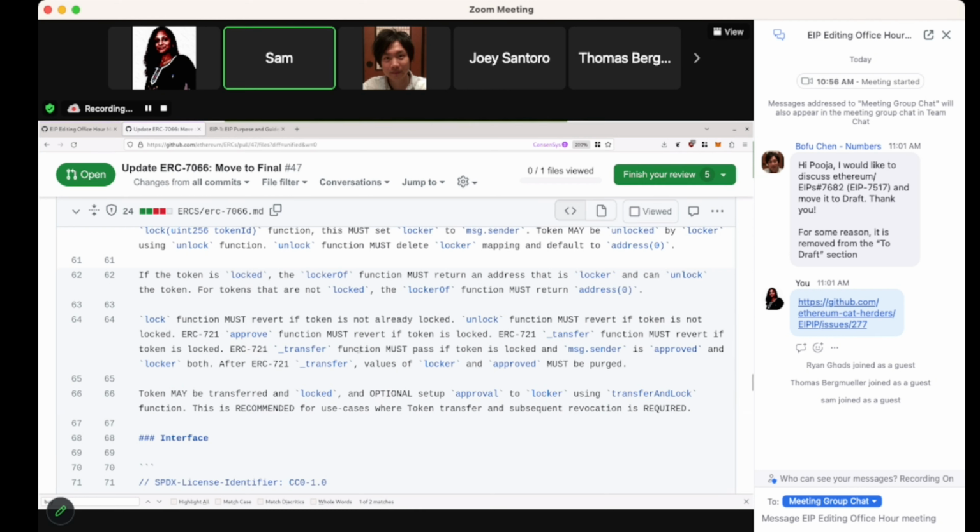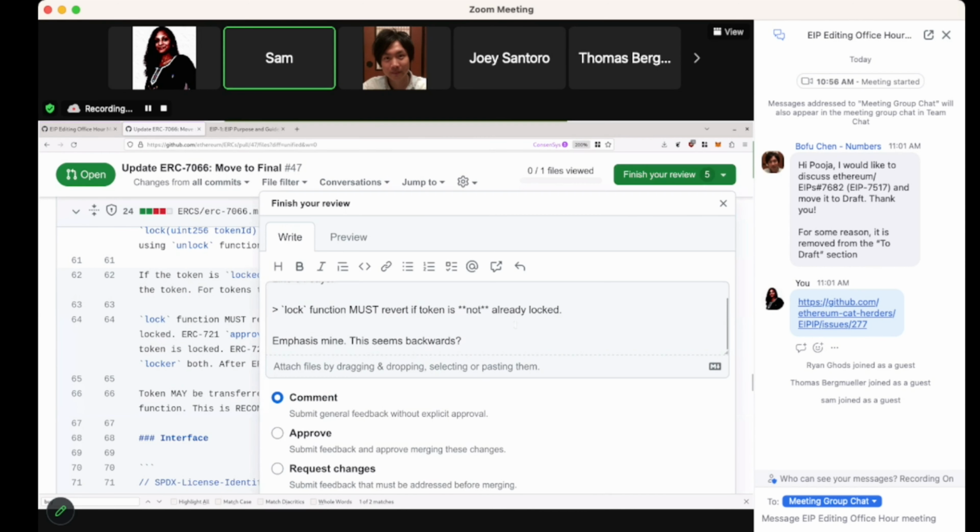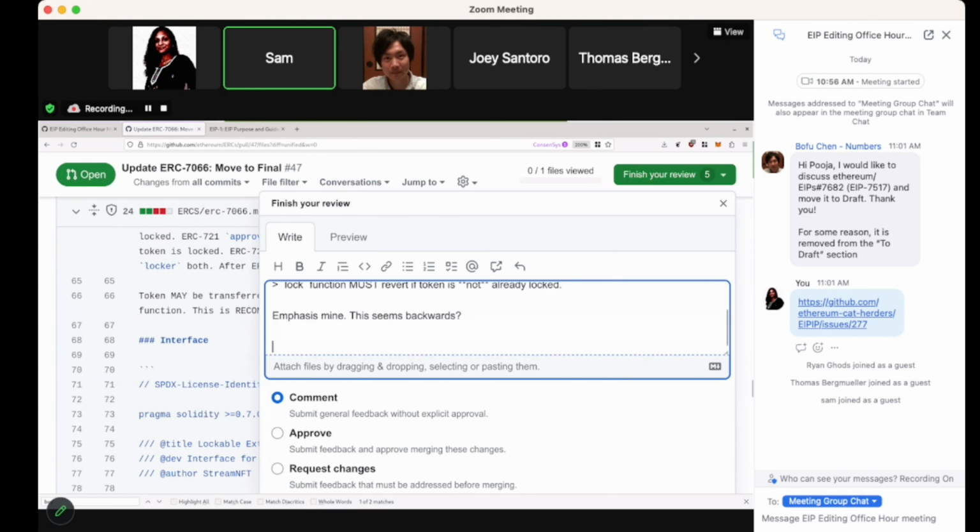ERC 721 doesn't have a _transfer function. And you're also right, it's transfer, not _transfer.